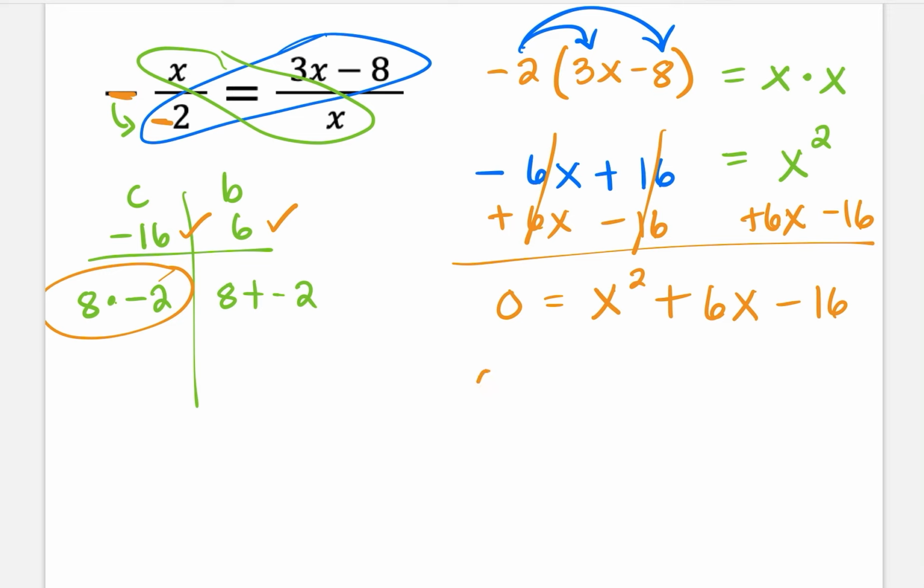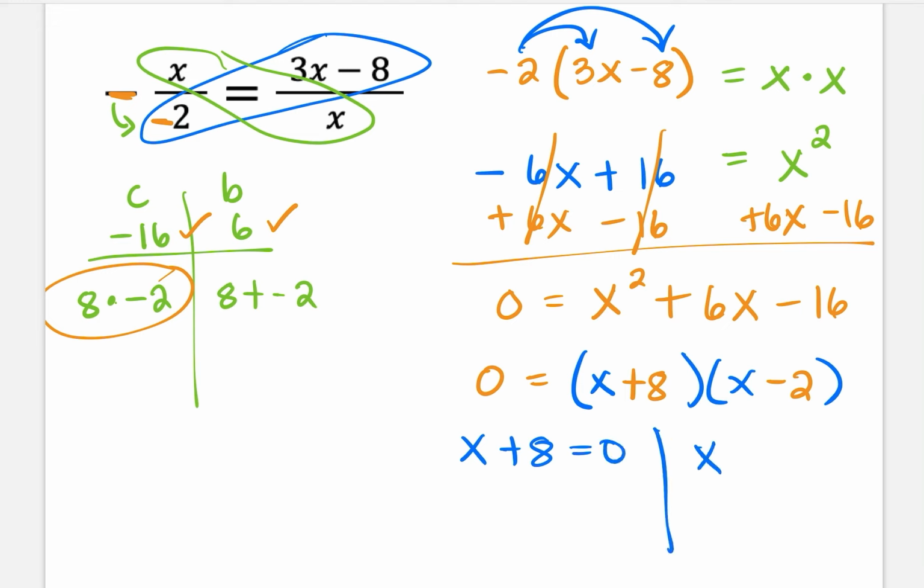So let us set up our equation, our factored form. X times x is x squared, and then using the factors we found, we have positive 8 and negative 2. Isolating the variable by itself, we will have x plus 8 equals 0, x minus 2 equals 0, and do the inverse of positive 8, which is negative 8.